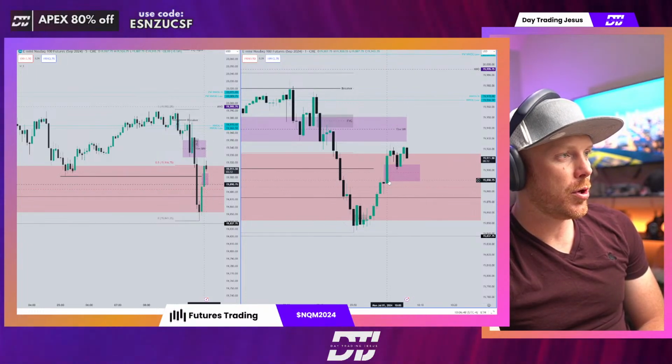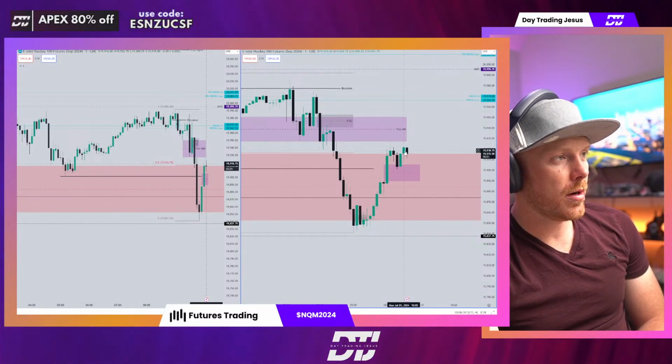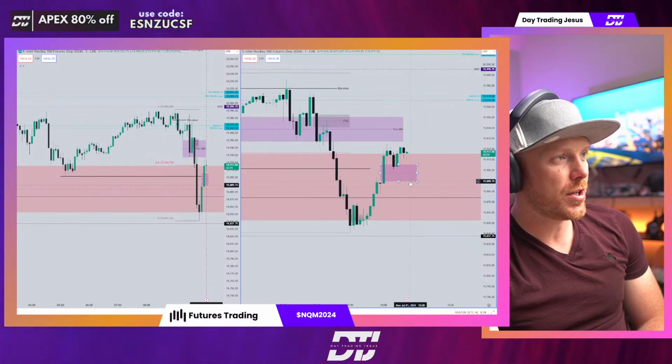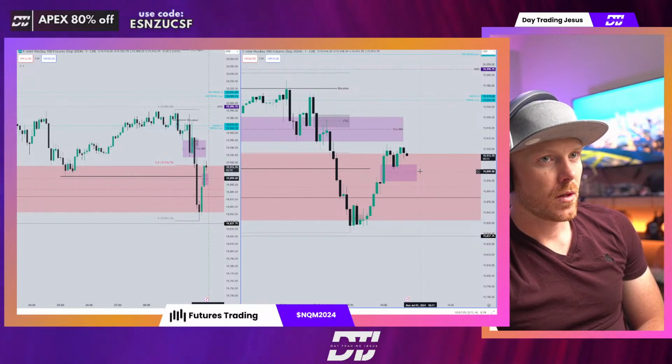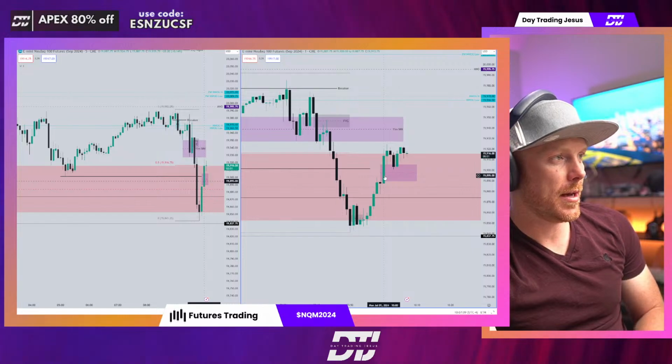You can put your stop loss below this candle at 10 a.m., or you would put it below the 9:59 candle for your stop loss. And once this fair value gap is inversed, I would be closing the trade. 10 a.m. Yep, got it.